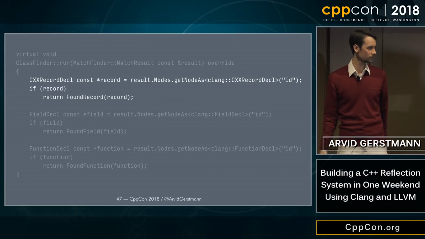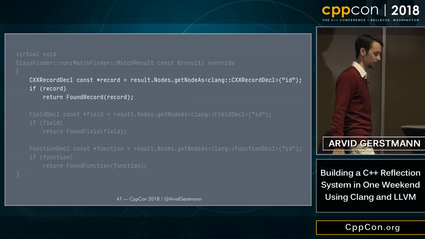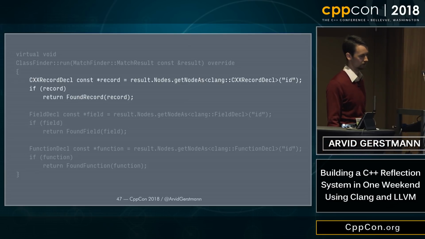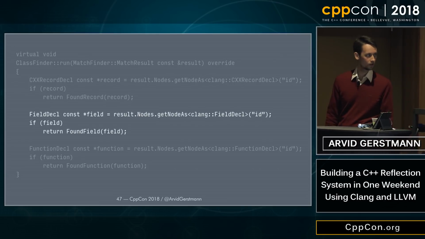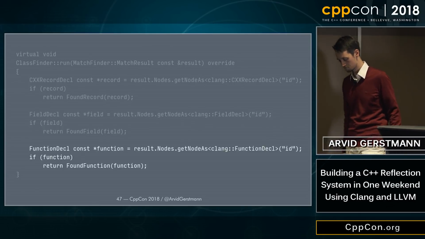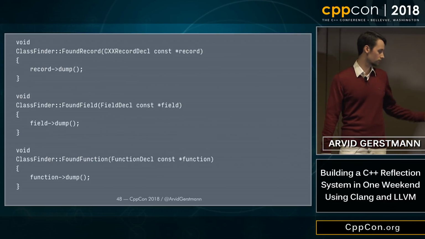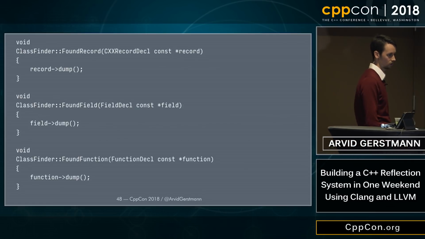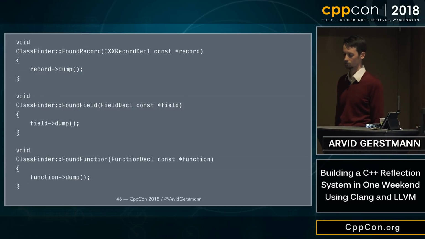So we just try if the node is a CXX record. If the node is a CXX record, then we just keep it around. In that case, found record, we'll just dump it. The same thing for the fields, and the same thing for the functions. Once we've done that, we can take a quick look at the implementations of those 3 functions, and they will just dump the node to the standard out.